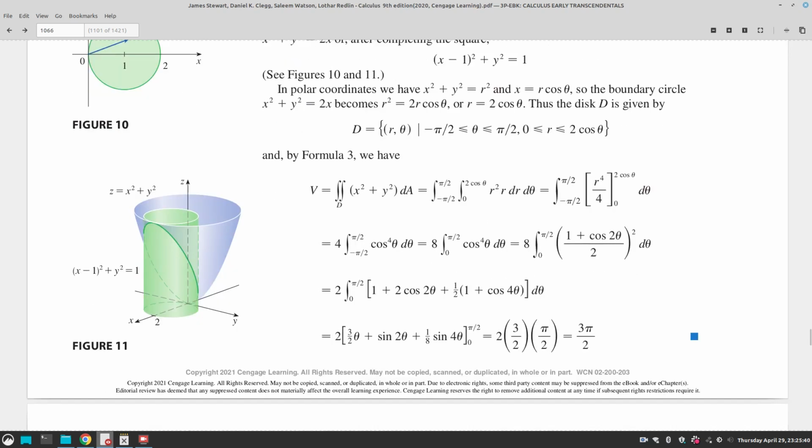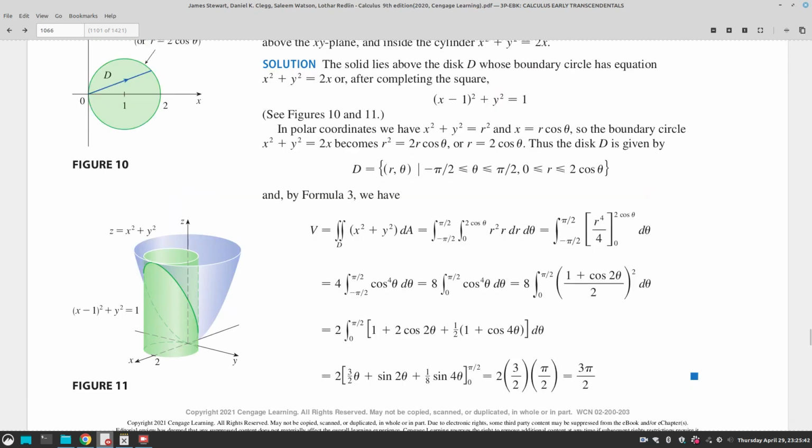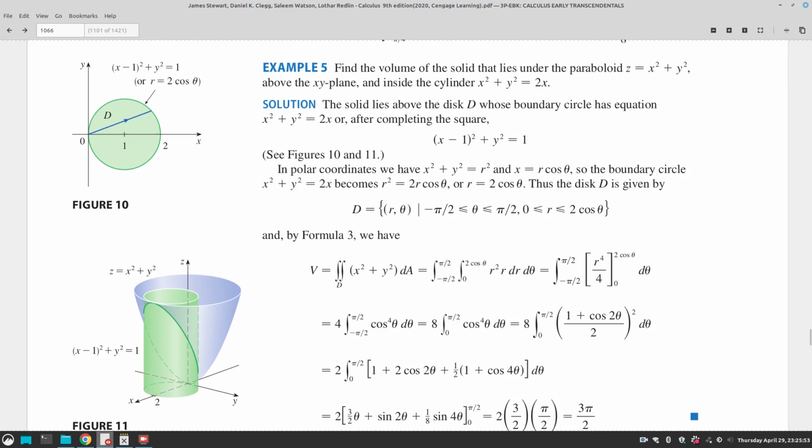And of course, x equals r cosine theta, and y equals r sine theta. So we could write the equation of the disk D as r equals 2 cos theta, right?